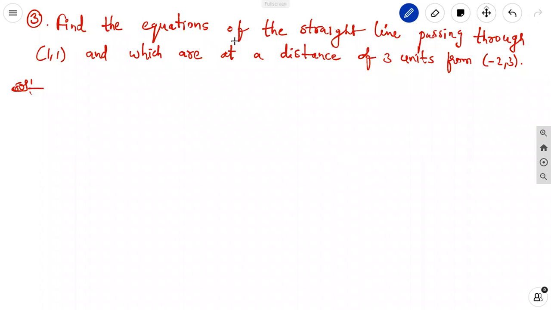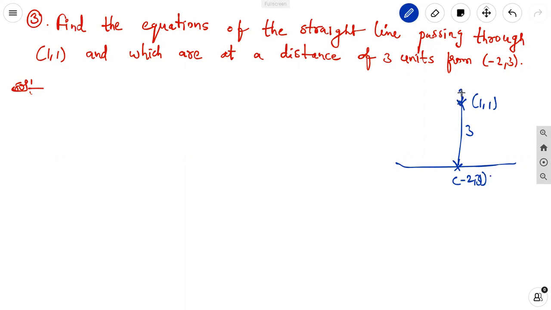Third problem: find the equations of the straight lines passing through the point 1 comma 1 and which are at a distance of 3 units from minus 2 comma 3. Suppose this is a line. This line is passing through the point 1 comma 1 and this line's perpendicular distance is 3 units from minus 2 comma 3. This is the meaning.